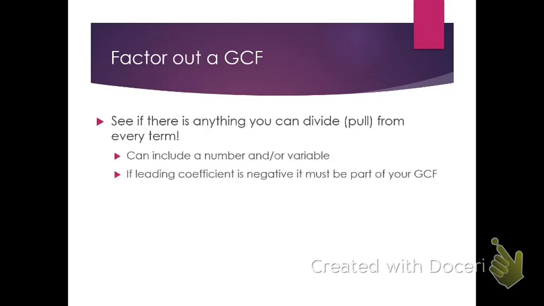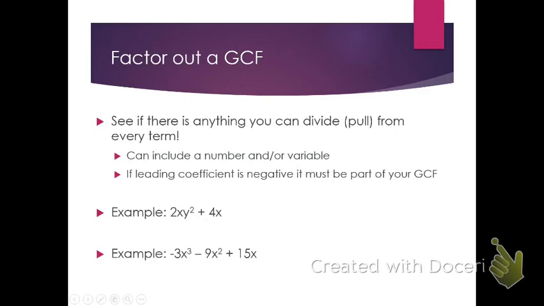So think of distributing, and then the inverse of that is called factoring. When you take out a GCF, it might be numbers, it might be variables, it might be some combination of that. And also, if your first term is ever negative, you want to also take out a negative as part of your GCF. So let's look at 2 examples here.